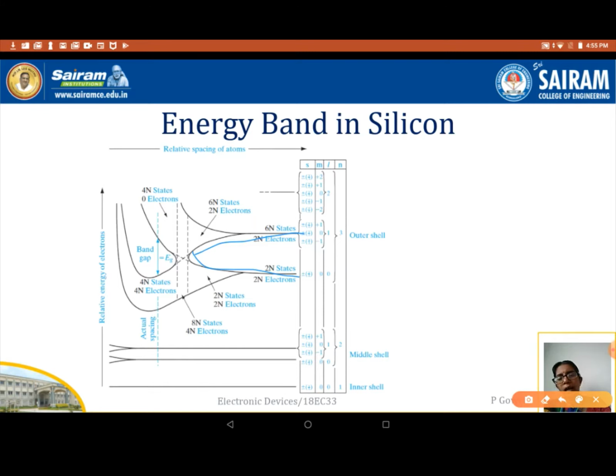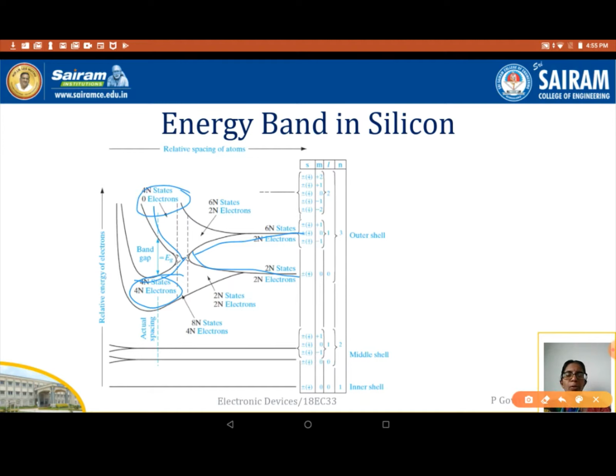And as R decreases still, the spacing between the atoms reduces, and the band divides into two bands. One is called the conduction band, which consists of 4n states, and the other one is called the valence band, the lower valence band, which will consist of 4n states. The valence band will have the 4n electrons here, and the conduction band will have 0 electrons.